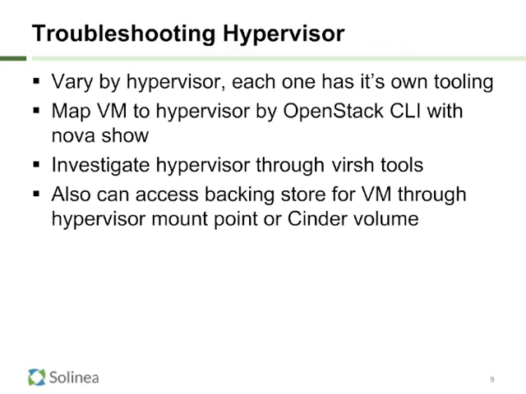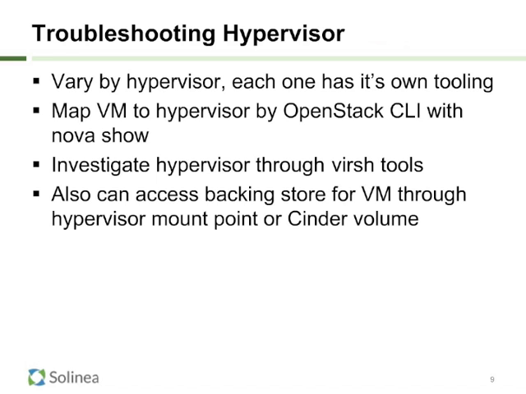This is a key point for many people: if I have a problem with the VM, how can I find out which host it's on so that I can use normal virtualization tools to figure out what the problem might be? We'll also look at how we might access some of the backing store through the hypervisor mounts to see if I may have problems which lie deeper, in the boot volumes and the like.